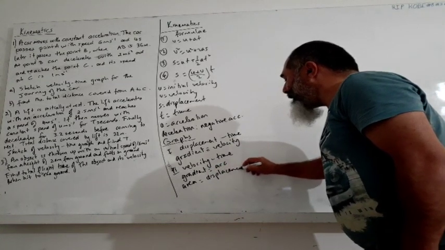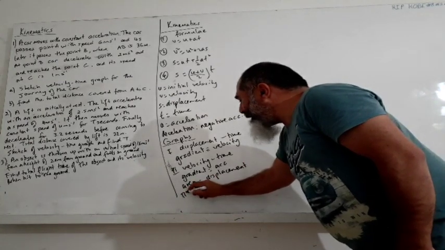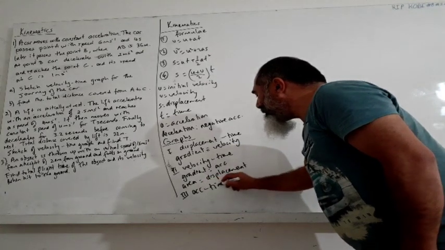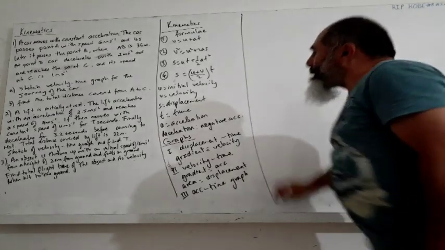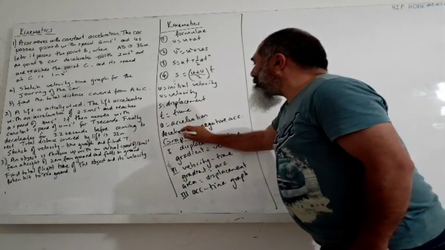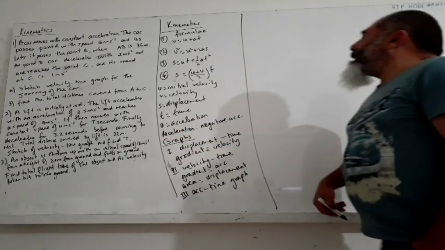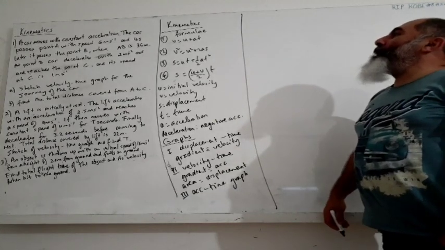And as the last graph we have the acceleration time graph. These are the things that we need to know to be able to solve M1 Mechanics 1 kinematics questions.